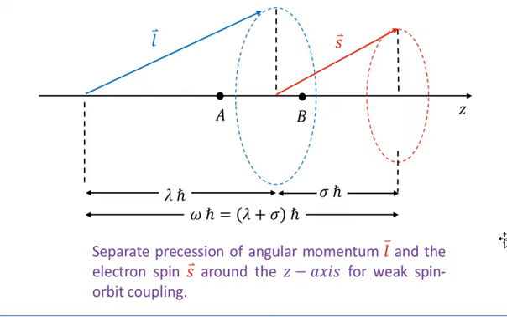When we talk about weak spin orbit coupling, it means that L and S are not coupling together to give the resultant angular momentum, but they have their projections on the z-axis, Lz and Sz respectively, and their projections will combine vectorially. So we have omega h bar equal to sigma plus lambda times h bar.